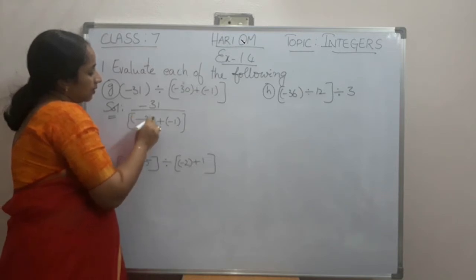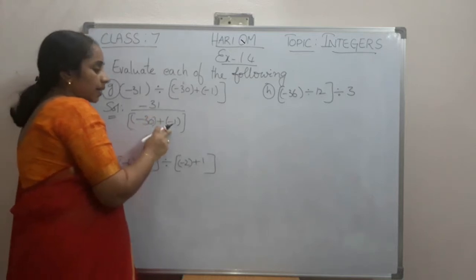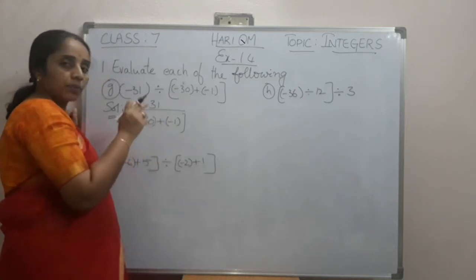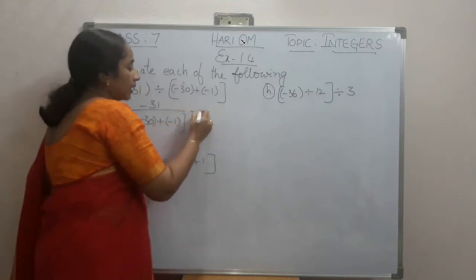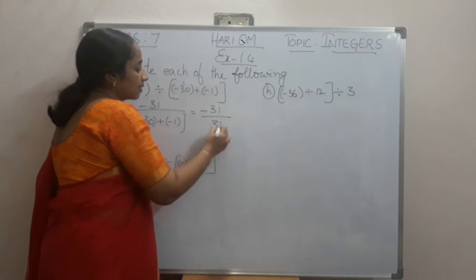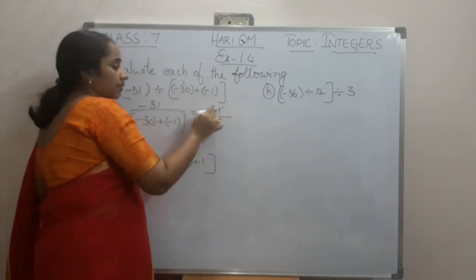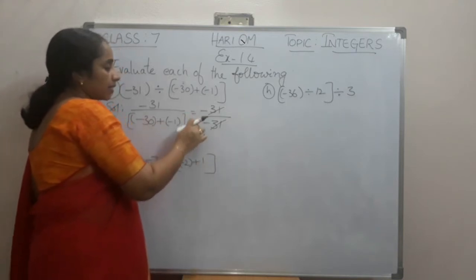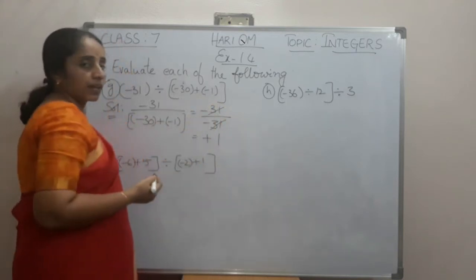See that here plus of minus is minus. So minus 30 minus 1, they both have the same signs, so we should add. By adding minus 30 minus 1, you will get minus 31. 31 ones are 31, minus by minus is plus, so plus 1.